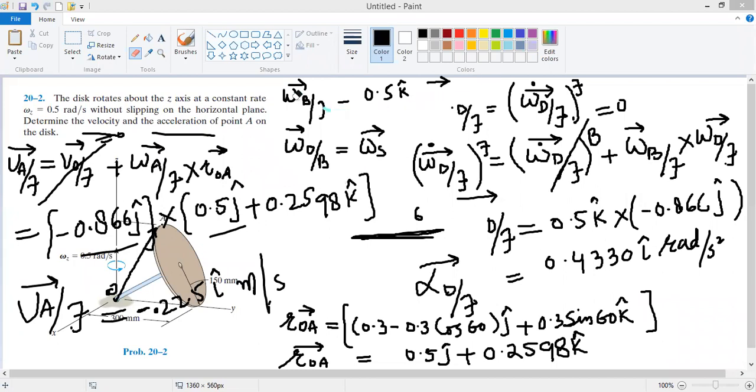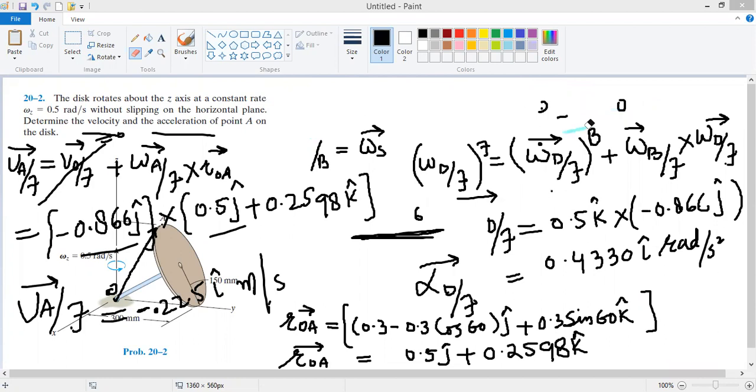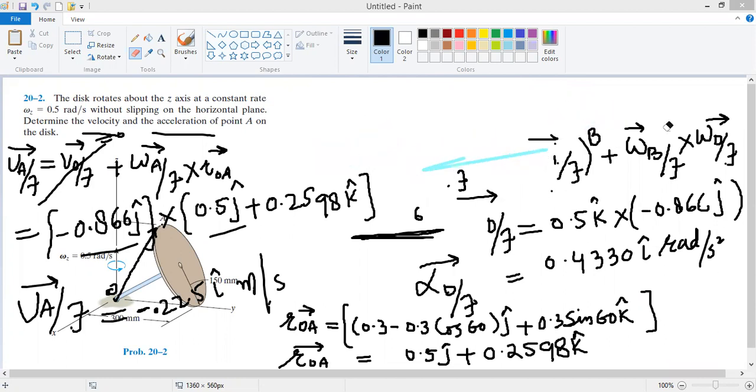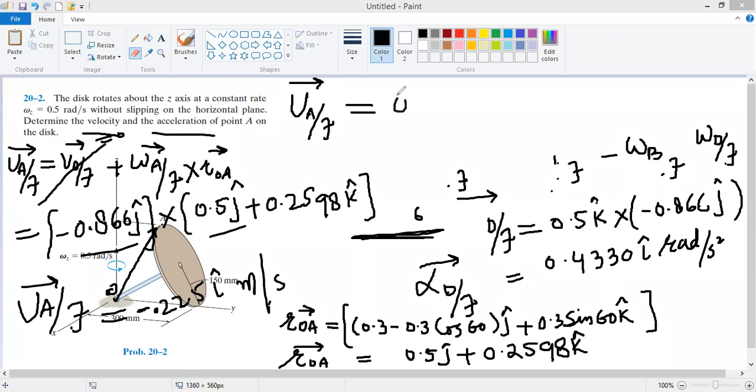Let me clean these expressions here. We have got velocity of A with respect to ground equal to 0.225 meter per second along i cap, but negative. This is the first expression that we have obtained.